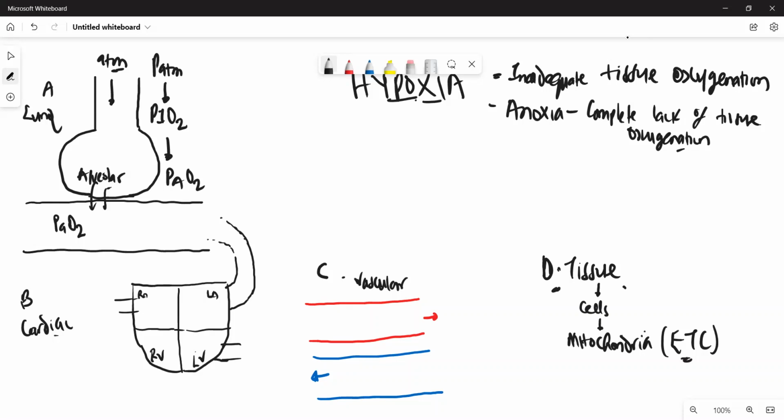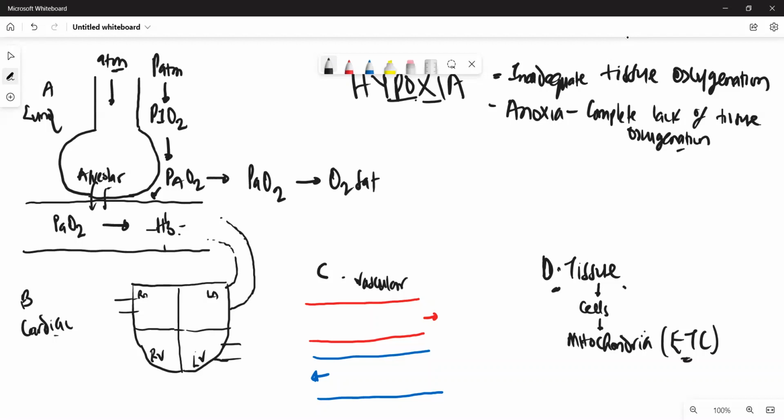And this oxygen that dissolves in the plasma is going to bind to the hemoglobin; that pressure is going to determine the oxygen that will bind to the hemoglobin. So here we're going to have our hemoglobin. So capital PAO2 to small PaO2, and from there to hemoglobin, we're going to get our oxygen saturation.